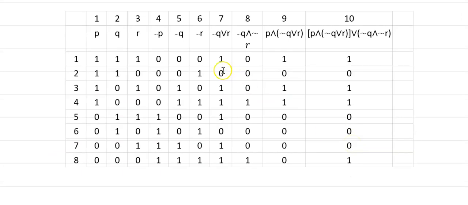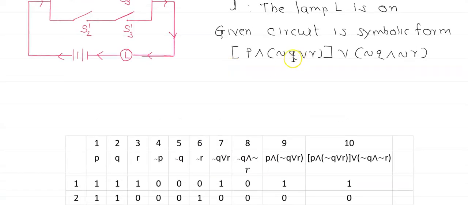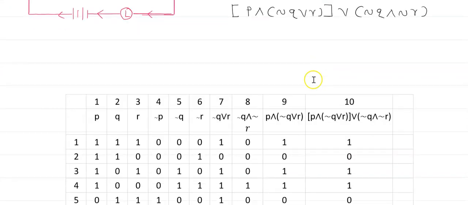We do not require column number 4, but I had performed it, so it doesn't matter. Next is negation of Q, negation of R. Then we require negation of Q or R. Here is column number 7, negation of Q or R.